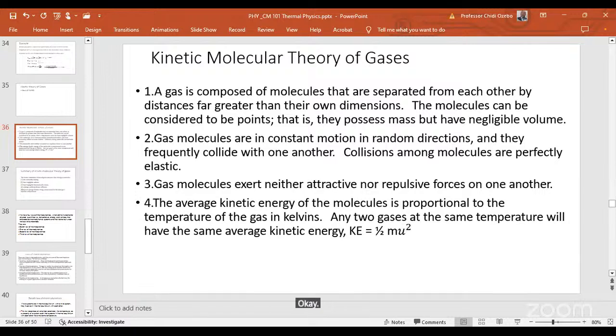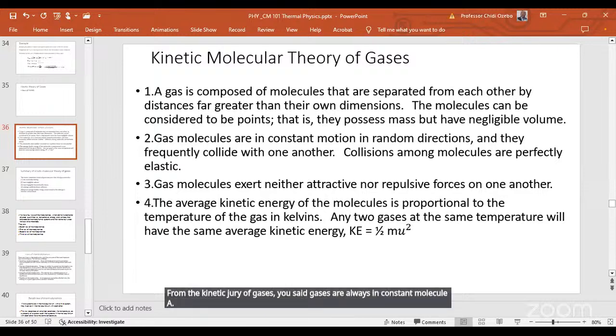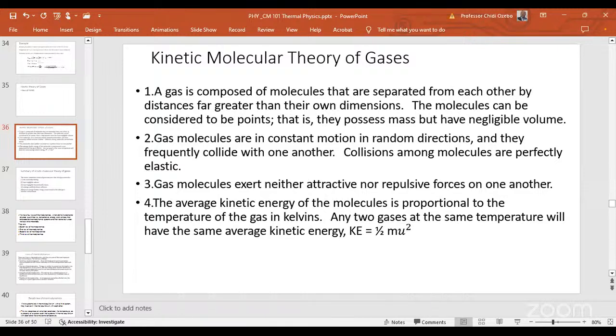Okay. Samuel Arikawe, what's the problem? From the kinetic theory of gases, you said gases are always in constant motion. How can gas be in constant motion? Do they always have energy to be in constant motion?